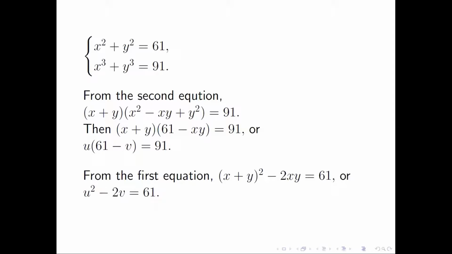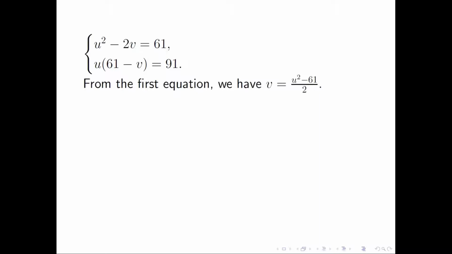Then the first equation becomes u squared minus 2v equals 61. Therefore, we establish a system of equations in u and v: u squared minus 2v equals 61, and u times 61 minus v equals 91.